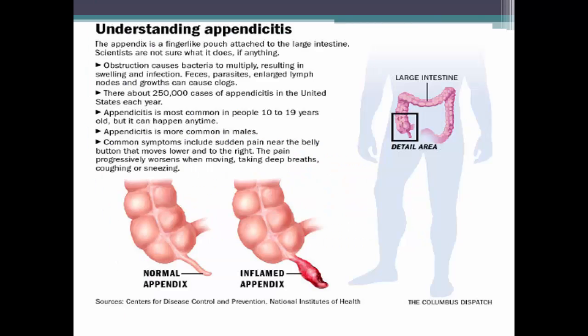So what is appendicitis? To know a little more about anatomy and statistics, the appendix is basically a pouch located in the large intestine, in the right lower quadrant. Now, some patients have a different anatomic location.